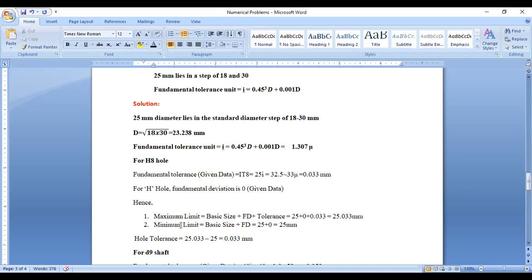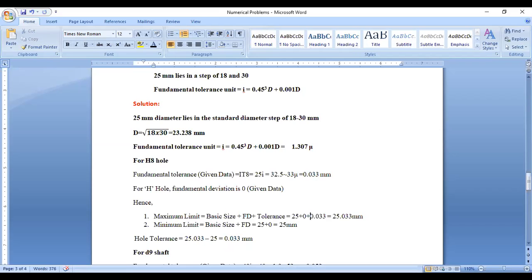And what will be the minimum limit? It will be basic size plus fundamental deviation, which will be 25 plus 0, that is 25 mm. And if you subtract the maximum limit and the minimum limit, you will get the value of tolerance, that you have to cross check. If you get the same value after subtracting both the limits, which is the tolerance, then both the values which you have determined are correct.